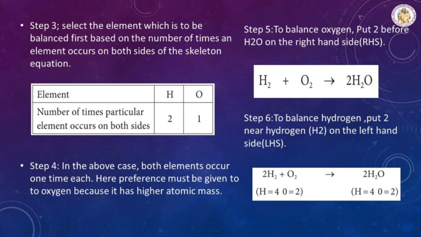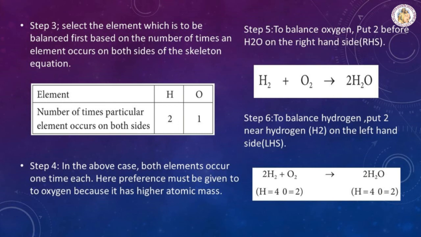So how to balance the hydrogen here? See, on the right hand side there are 4 hydrogens, 2 into 2, there are 4 hydrogens. So to balance that, we should put 2 in front of the hydrogen on the left hand side. So 2 H2 and O2 gives 2 H2O.